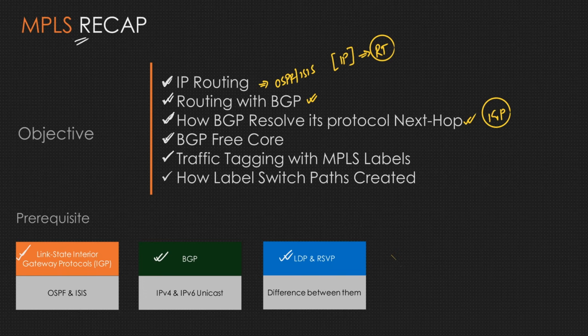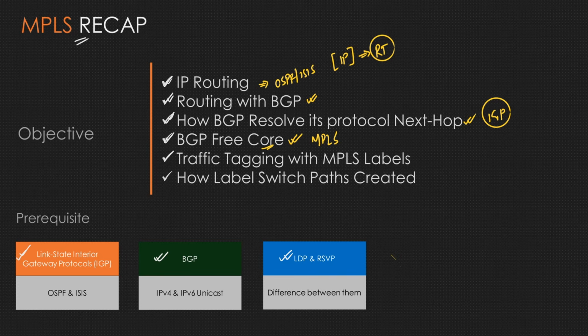We have a problem with full mesh BGP: we cannot distribute BGP routes in all the core devices. So we need a BGP-free core path. Based on that, we have a technology, MPLS, which helps us encapsulate the packet end to end so that the core devices do not require any BGP routes.